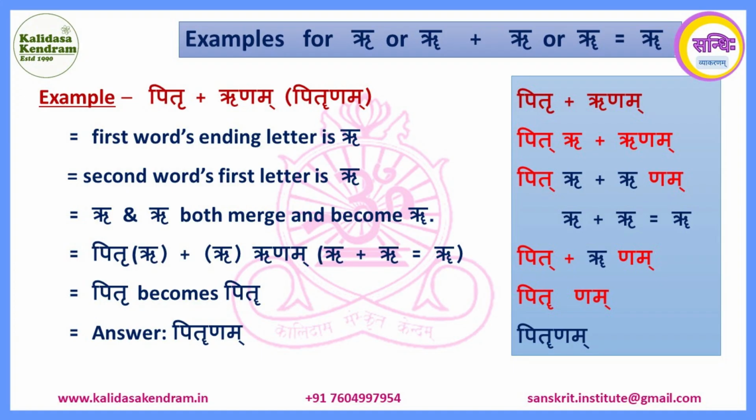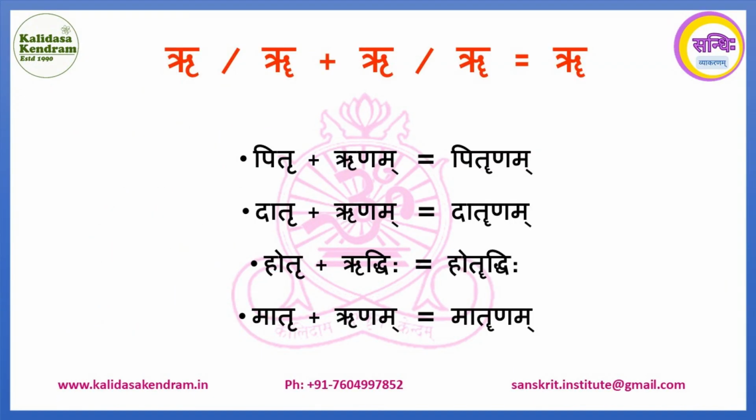Pitru becomes Pitṝ. The answer is Pitṝnam. Now we move on to some more examples for this rule. There are few examples, not much. Pitru plus Rinam, Pitṝnam. Datru plus Rinam, Datṝnam. Hotru plus Riddhi, Hotṝddhi. Matru plus Rinam, Matṝnam.